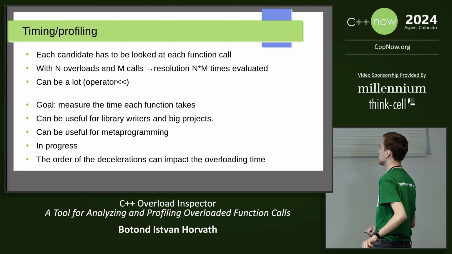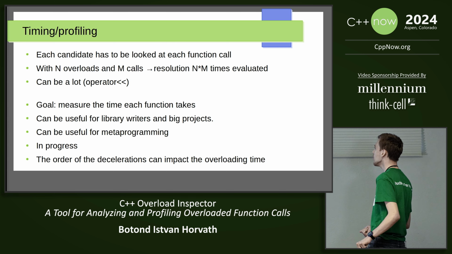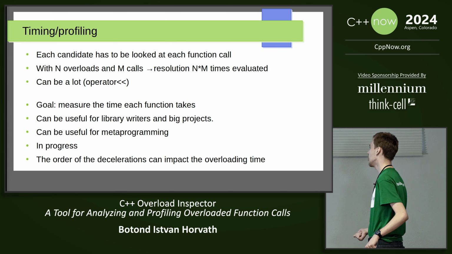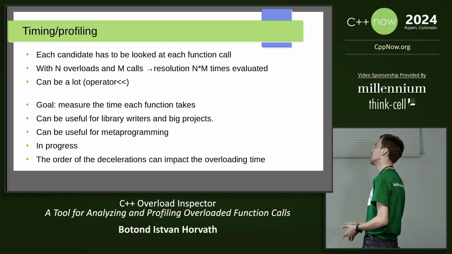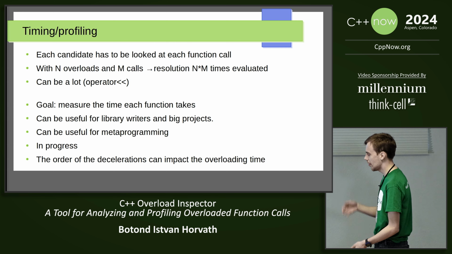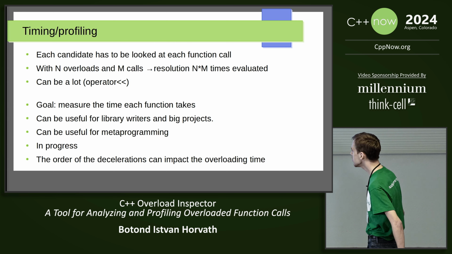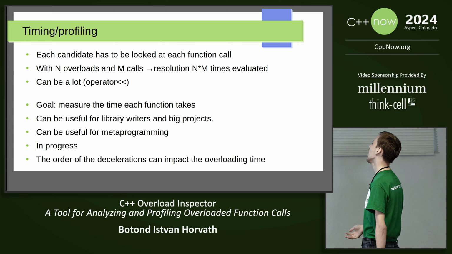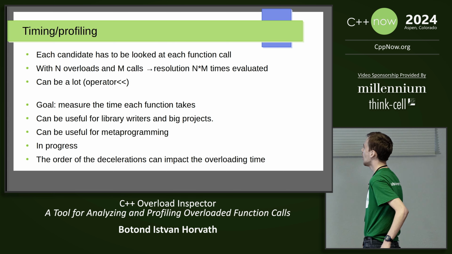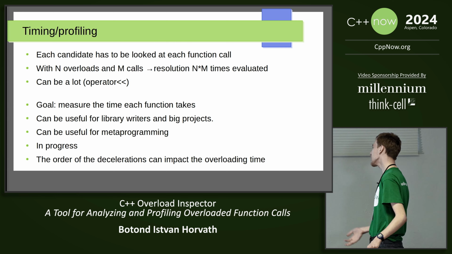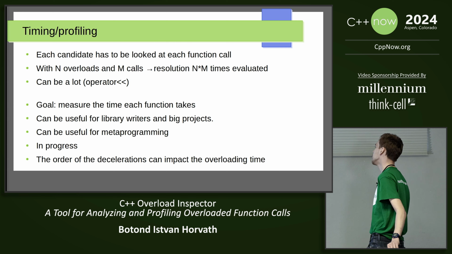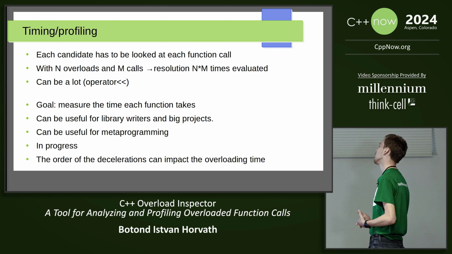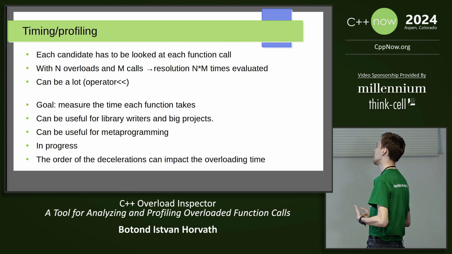And if we declare n overloads for a function and then we call it m times, then it means n times m times we need to evaluate if something is viable, and after that we also need to do the comparisons between them, and it can be a lot. Think about the output operator. We call that in a lot of places, and we have a lot of overloads for that. That's why I want to measure the time each overload took.